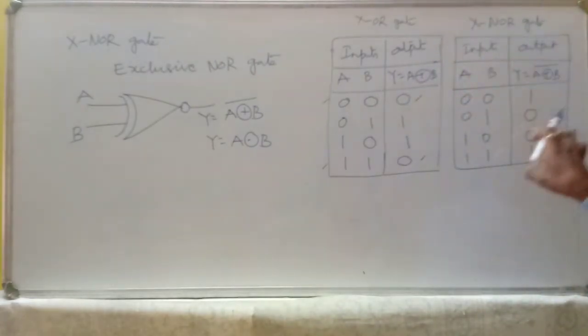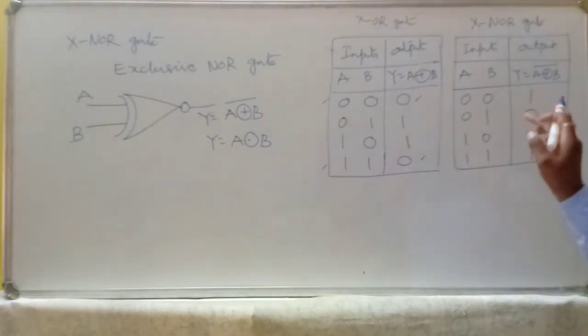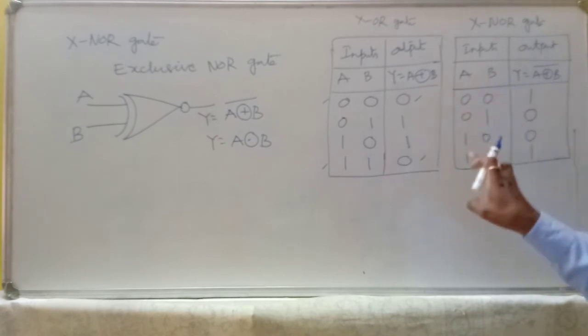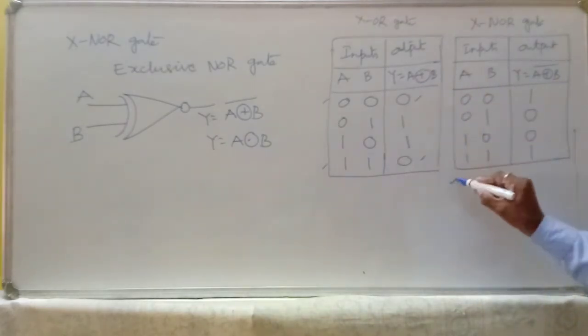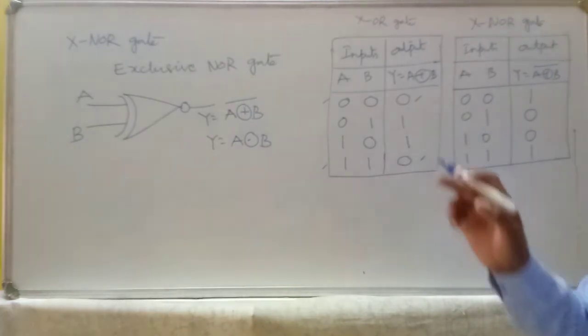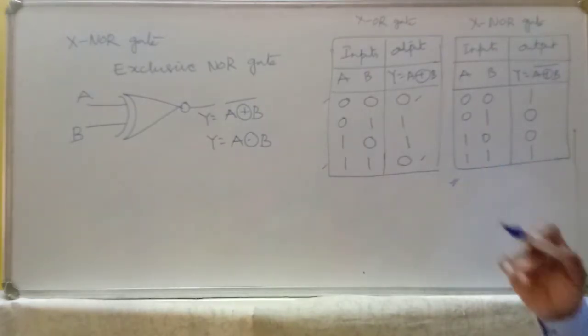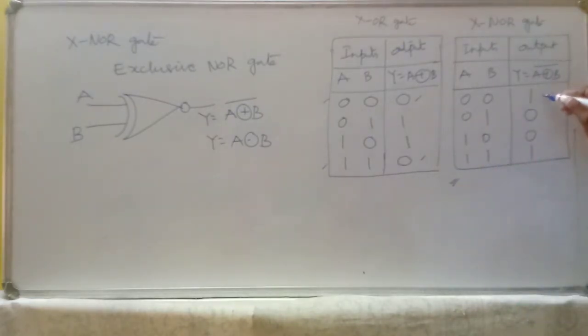So while observing this table, when all the inputs are equal, it may be either both are 0 or both are 1, then the output becomes 1.